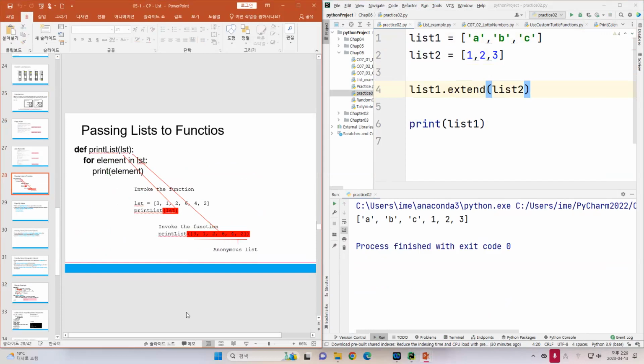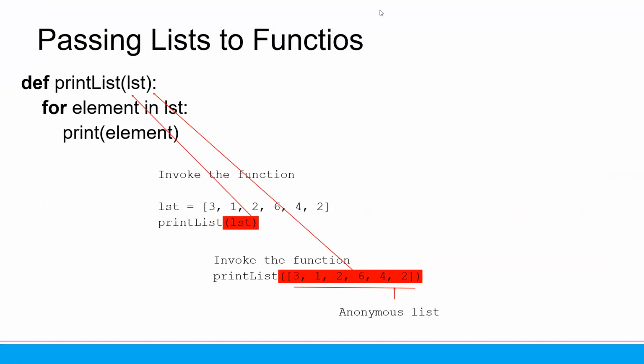Now, we have another kind of problem when we use a list, especially if the list is in the parameter. If the list is in the parameter, then we should pay attention to how we do it. We have print list, and this is the list.